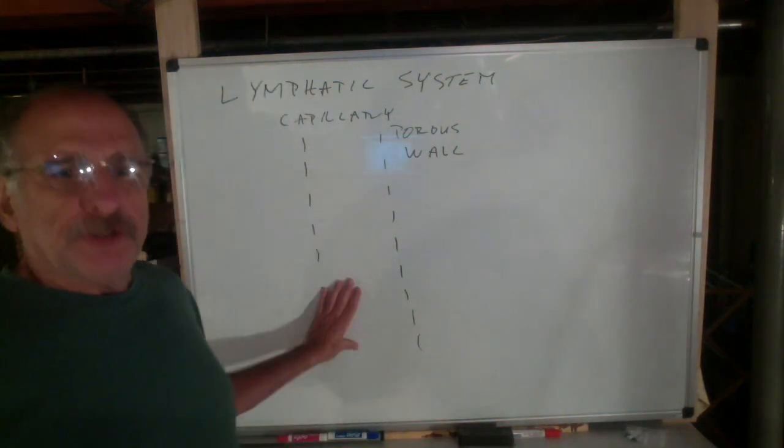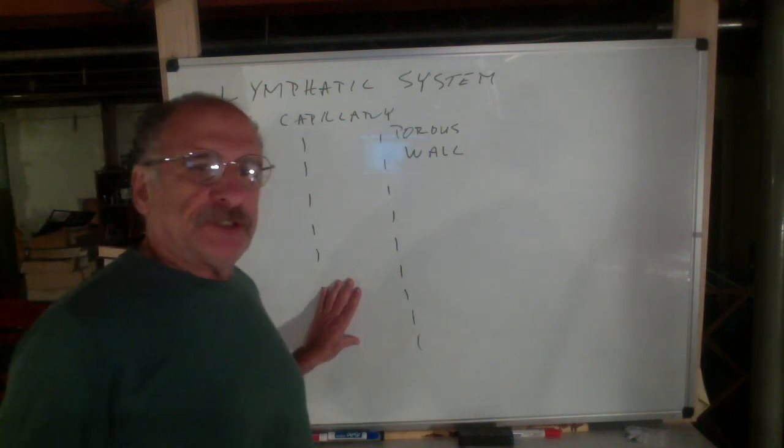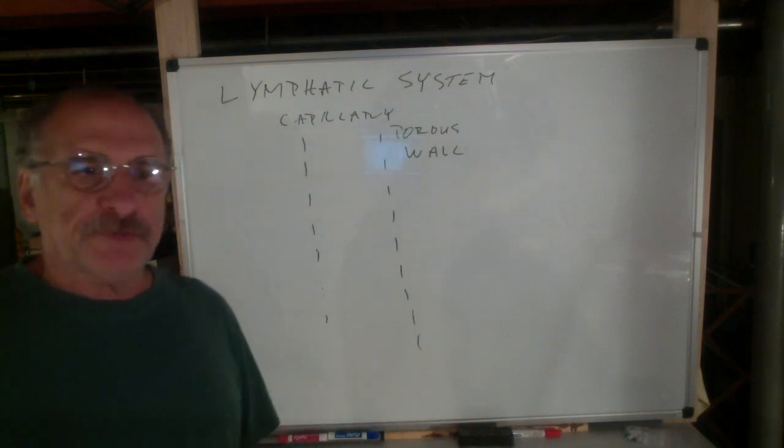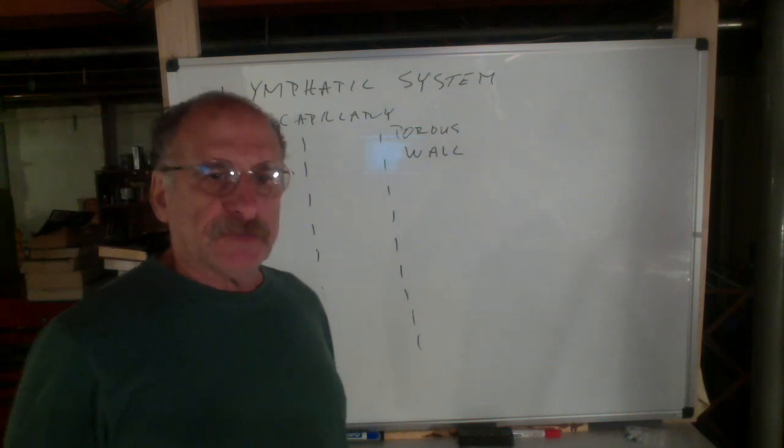Now the capillaries in an organ, and by definition an organ is a structure composed of more than one type of tissue, and a tissue is made out of cells.